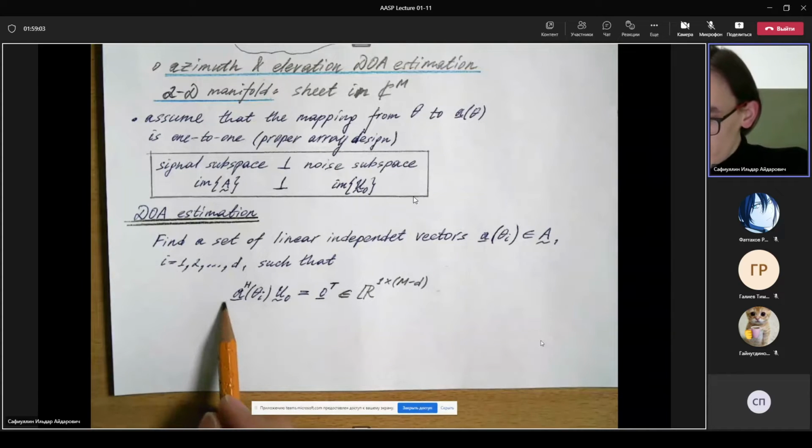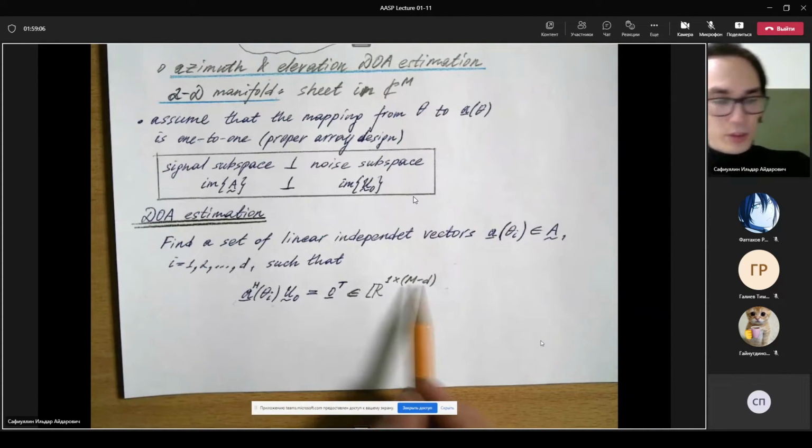Yes, because this one is of size m, and this one m times m minus d.